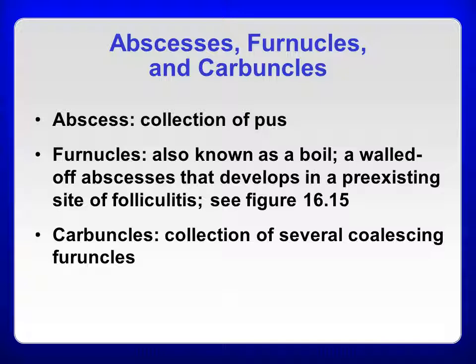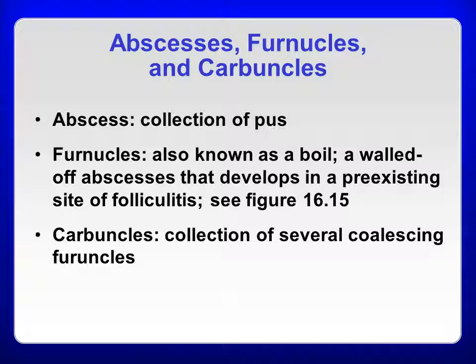Abscesses, furuncles, and carbuncles. Abscesses in general are just collections of pus, so they could arise in a variety of locations. When you have an actual furuncle or a carbuncle, that is where you have the walled-off abscess. So this is where you'll actually have the lesion formation, whereas an abscess is just the pus collection in the skin.